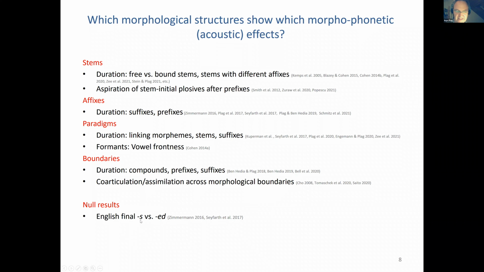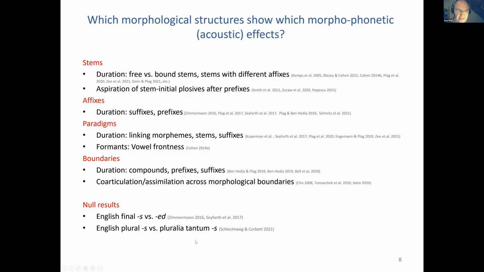And for example, one interesting comparison is that between final S in English and final ED in English, where it seems to be consistently the case that ED doesn't show the differences in phonetics according to morphological function, but S does. Nobody knows why.